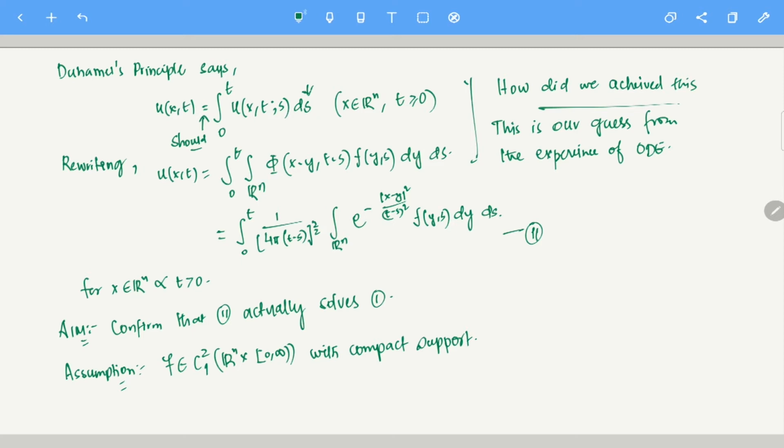Clear? So essentially, the set of all those x where f is not equal to 0, if you take the closure of that set, that is compact. We are going to use this to find out that this is indeed the solution.